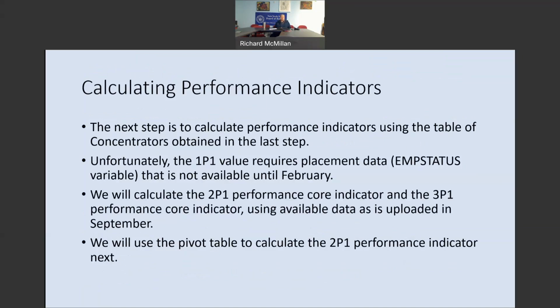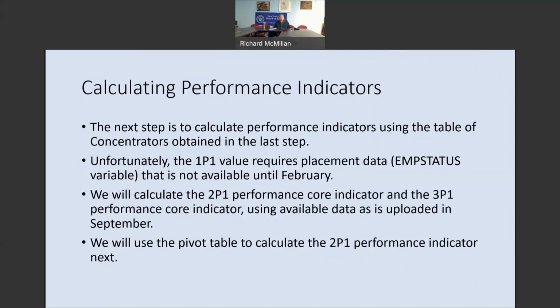That's the imp status variable that is not available until February. You're not required to upload that data until February, so we're not in a position to teach you how to calculate the 1P1 until you have data that you can use to calculate it.